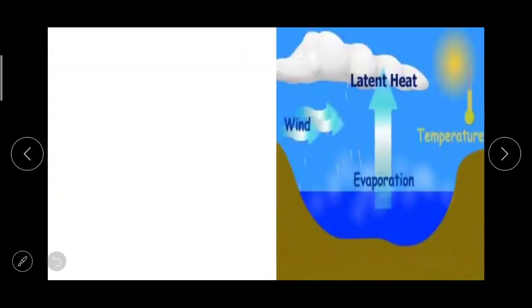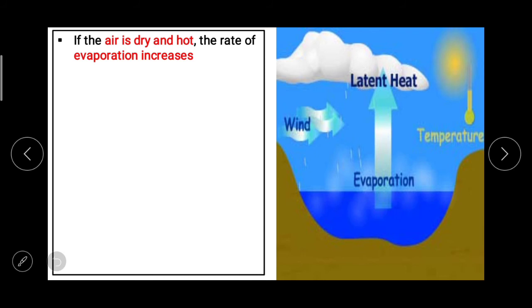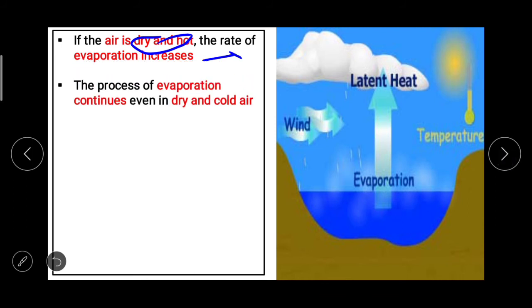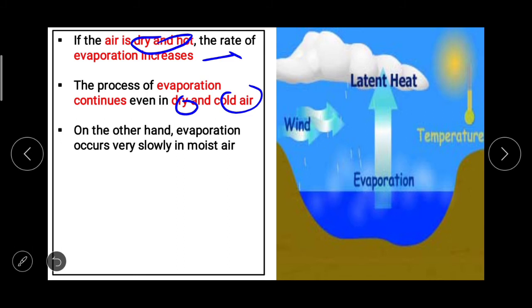Now if the air is dry and hot, the rate of evaporation increases. The process of evaporation continues even in dry and cold air. On the other hand, evaporation occurs very slowly in moist air.